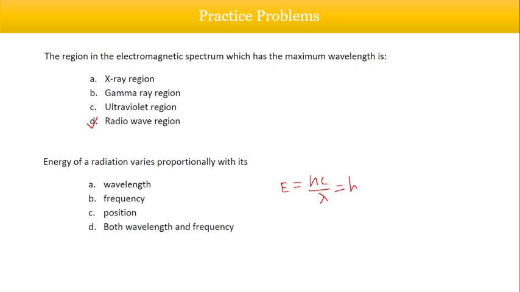E is not proportional to lambda, but actually the equation is E equals h nu. Therefore the energy of a radiation varies proportionally with its frequency is the right option.